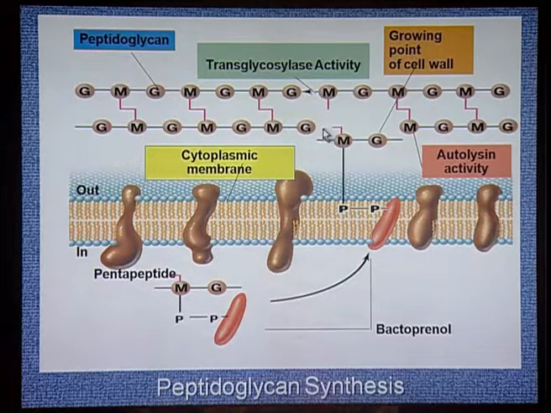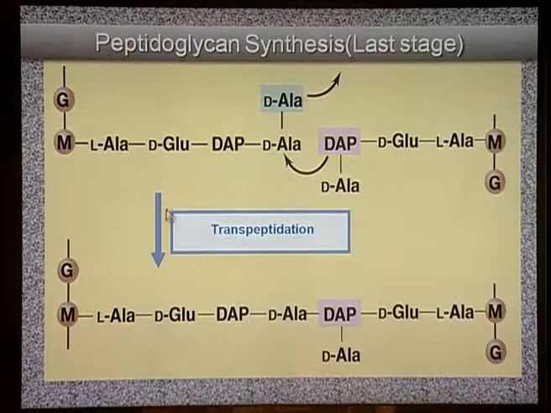The existing cell peptidoglycan needs to be broken down at places where new material has to be incorporated. So that is by autolysin activity. We move to the next slide where we see the last step of transpeptidation, meaning the cross link between the peptide bonds.